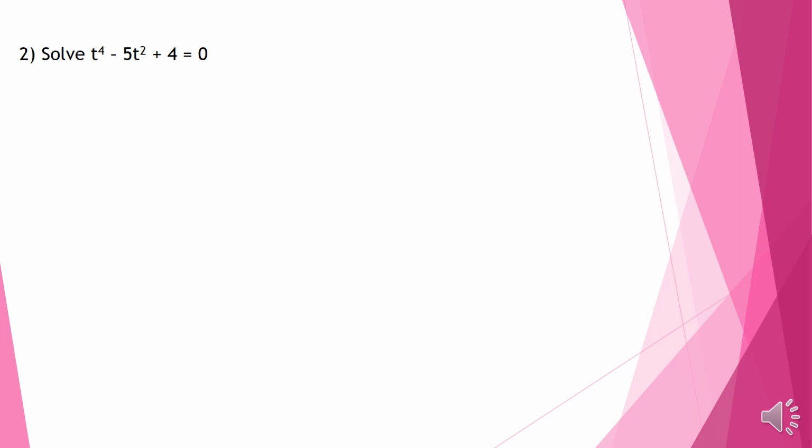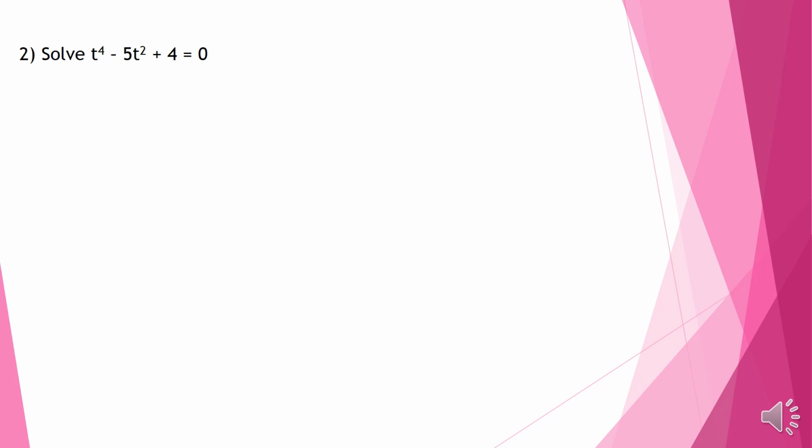Notice in the first term t power 4, in the second term minus 5t squared. If you square t square, you get t power 4. This type of equation is called a two squared equation or bi-squared equation.